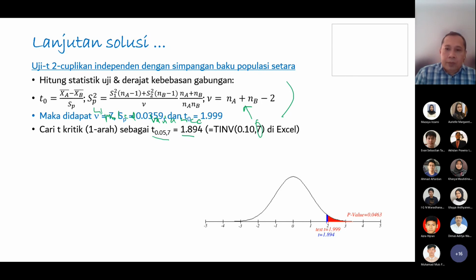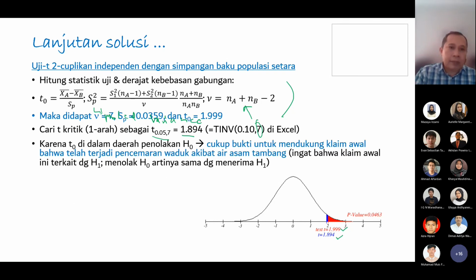So for the t-test, the T0 is 1.999 and the critical T value is 1.894. So we can see that the T0 is slightly to the outside of the critical T value, or it barely enters the rejection region.